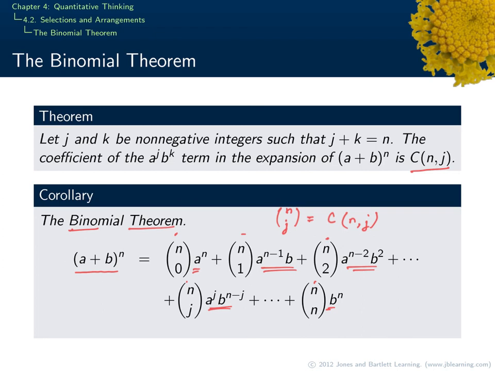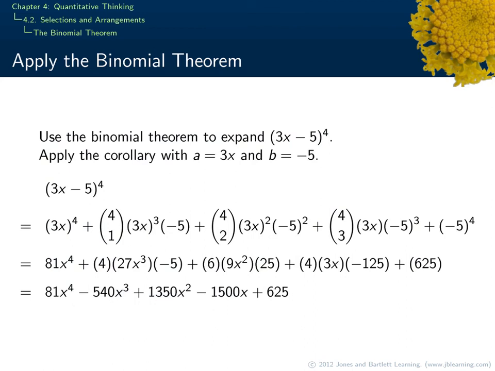Right, so the point is that when you're taking a power of a binomial, there's a formula for producing it that doesn't require you to do all of this FOIL and computing middle terms and stuff like that. All right, so for instance, let's go back to this problem of computing 3x minus 5 to the fourth power. We can do this using the binomial theorem. In this instance, a will be 3x, and b will be minus 5.